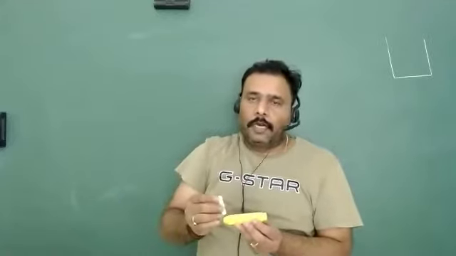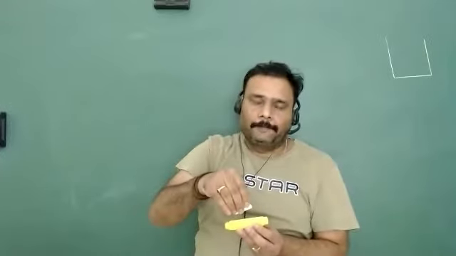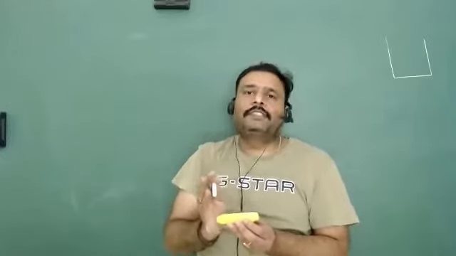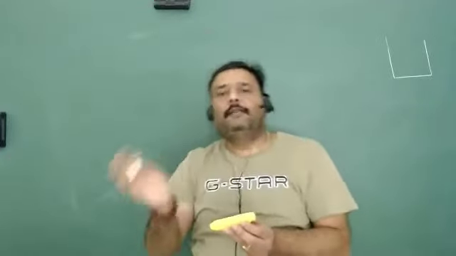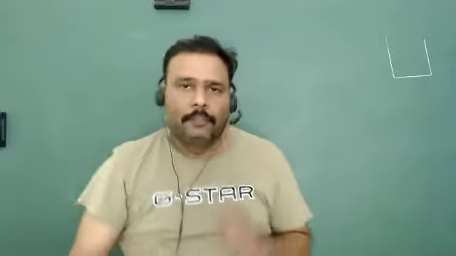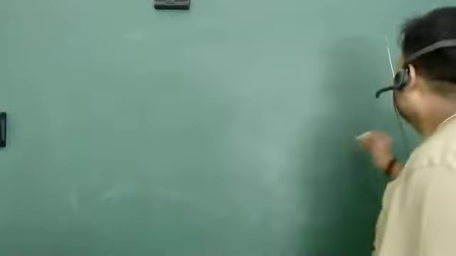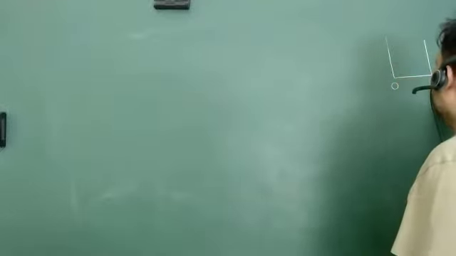So how will you put the wall? How will you confine the particle? You will put some potential such that the particle cannot penetrate it. So this is the meaning of a one-dimensional box. Mathematically, this is the symmetric diagram. Suppose the length is 0 to a.